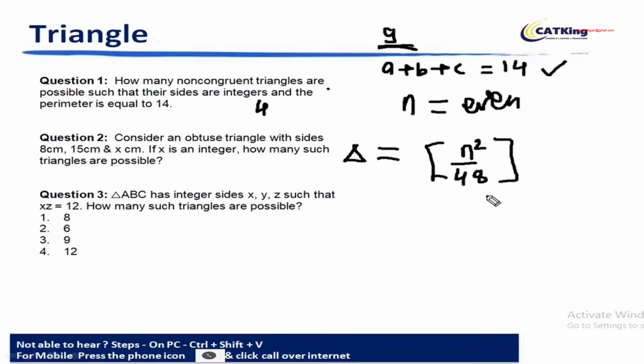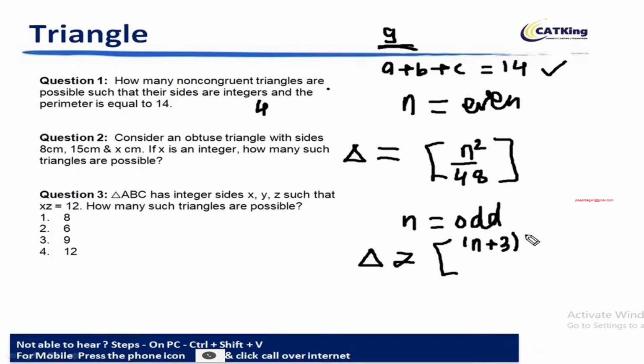And if n is not even, if it is odd, then the number of non-congruent triangles will be equal to (n plus 3) whole square upon 48.